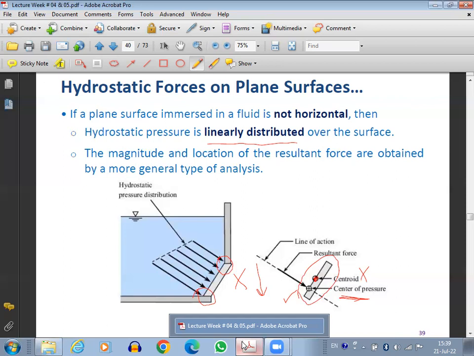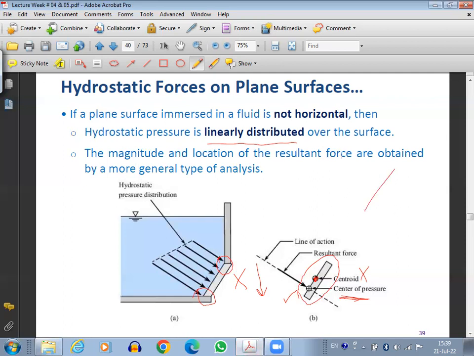For calculating the force magnitude, let's say I have this surface. If I want to calculate how much is the force acting on this surface, I'm going to use the centroid. But once I have calculated the force, this force will not be acting on the centroid. It will be acting on the center of pressure, which is different from the centroid.